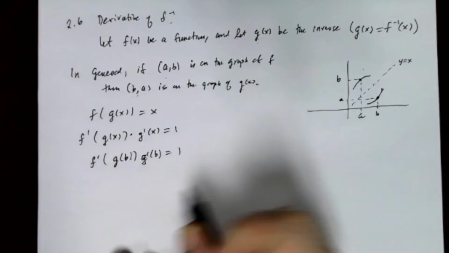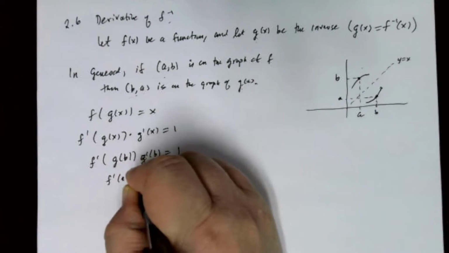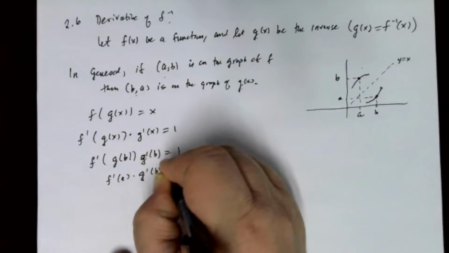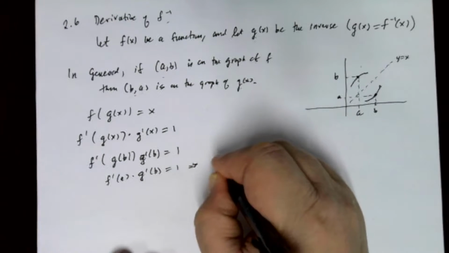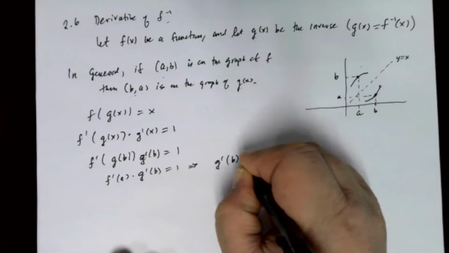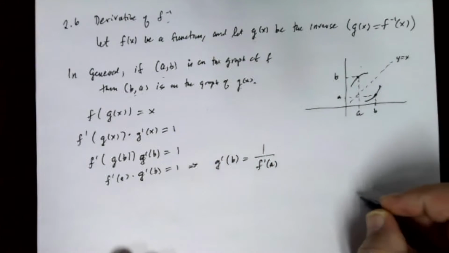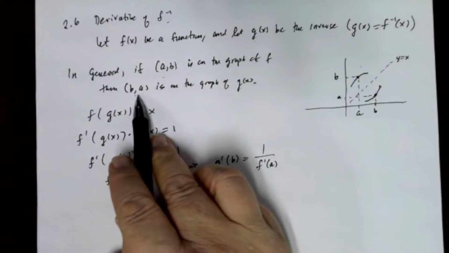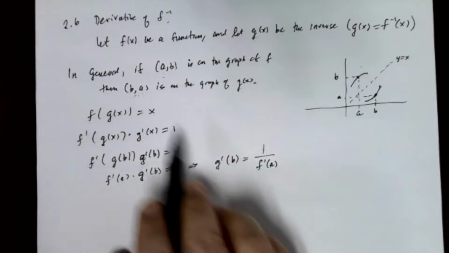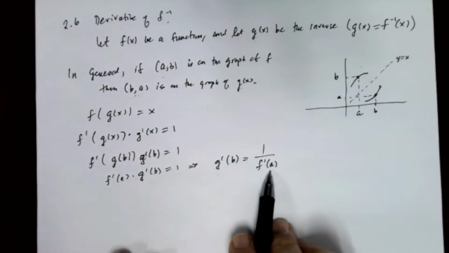Therefore, f prime at a times g prime at b must be equal to 1. And so from here, we get that g prime at the point b is equal to 1 divided by f prime at the point a. Okay, so this is the slope of the tangent line at the point (b, a) for the inverse. And so the slope is the reciprocal, 1 over f prime.